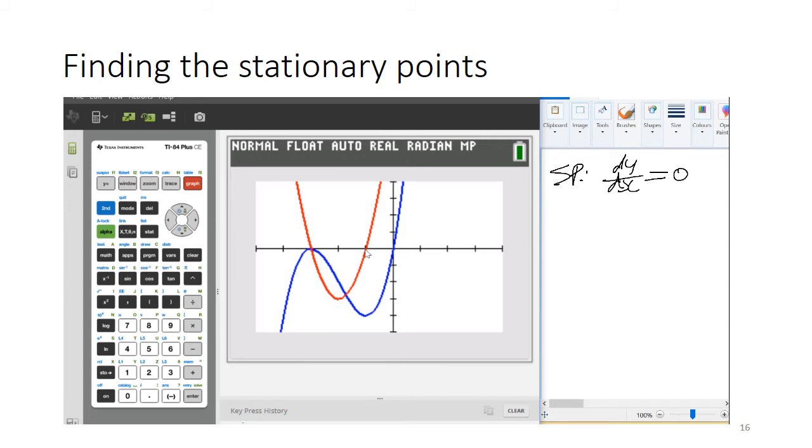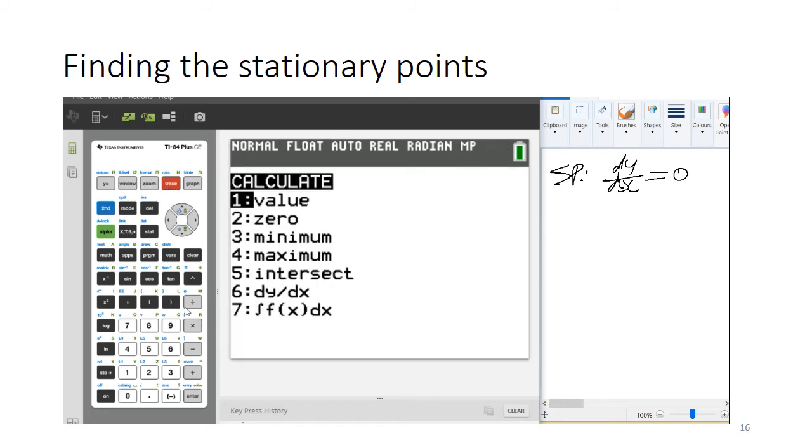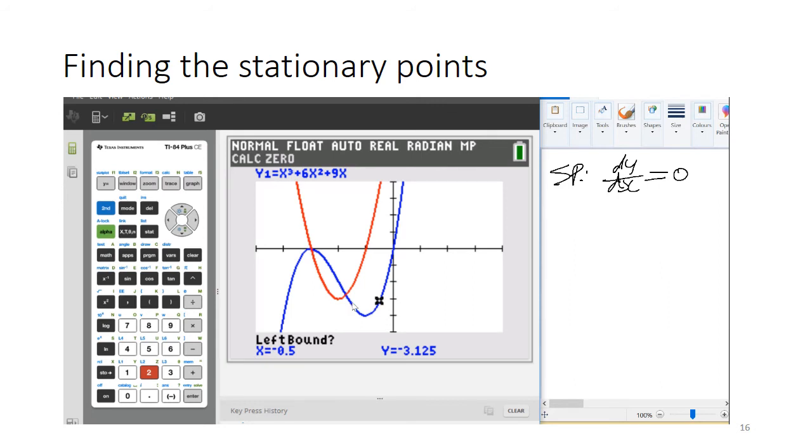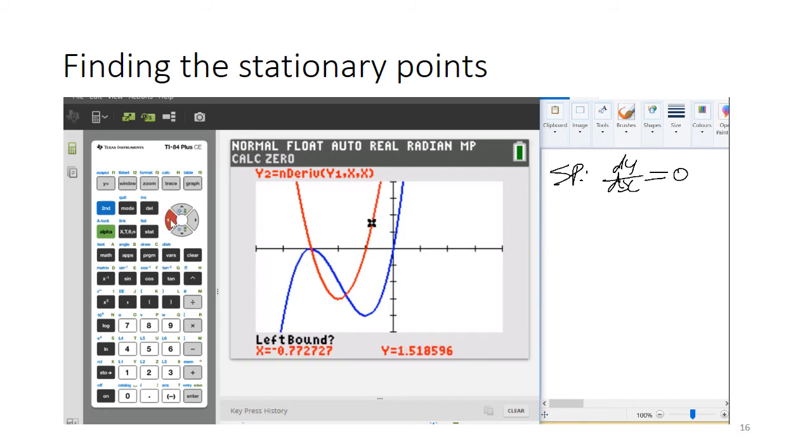Let's use the calc function on our graphics calculator to help us find the exact point. Second, calc. Again, we want to find the zero. At the moment it is on the first curve, so I'm going to hit the up button to move it to this curve. Let us find the zero for this point first. So I'm going to move it to the left of that point.